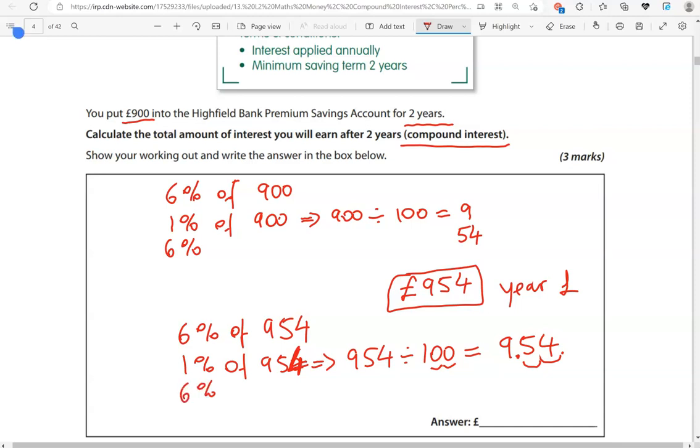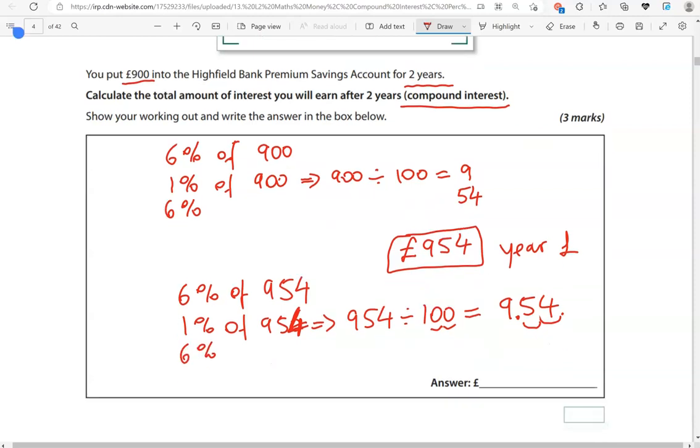That will be 6 times that. So we'll multiply this by 6. 6 times 4, that is 24, so 4 down, 2 carried over. 6 times 5, that is 30, and the 2, that makes 32. So 2 down and 3 carried over. 6 times 9, that is 54, and the 3, that is 57.